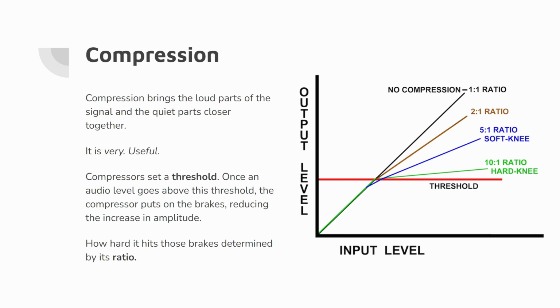There's a couple ways to do that. There could be upward compression that boosts the low stuff, but more often you'll see compression that makes the high stuff less high in a certain way. It's very useful, used all over the place on most sources, at least a little bit, and even the whole mix together to glue it together.